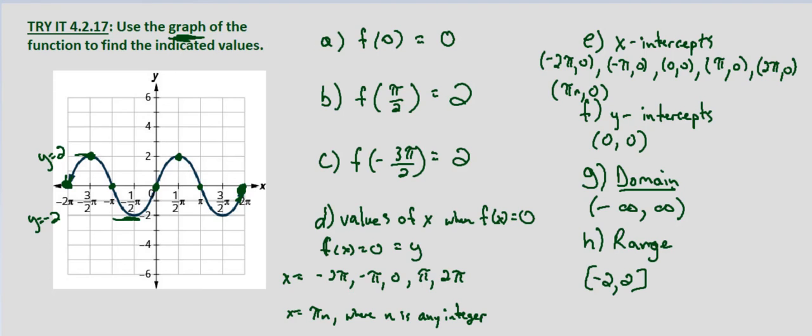But if we're going based on just the graph, one could make the argument that the domain is [-2 pi, 2 pi]. But that's just the domain that's shown. If we follow the same pattern, or if we're given that it's a cyclical function, then the domain would be negative infinity, infinity.